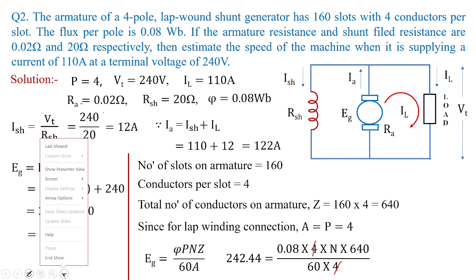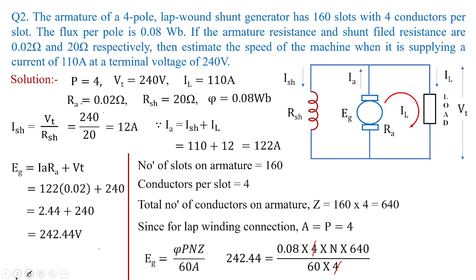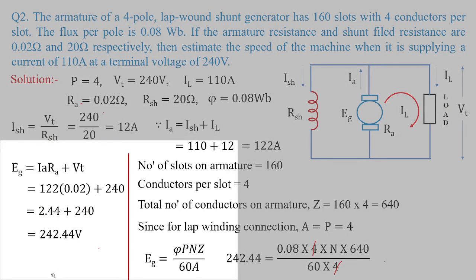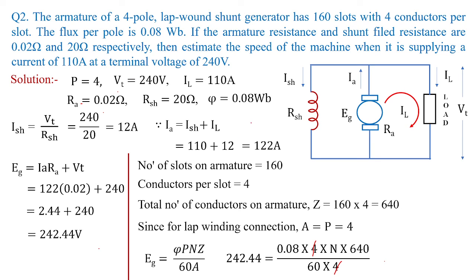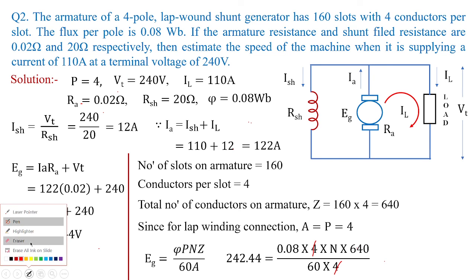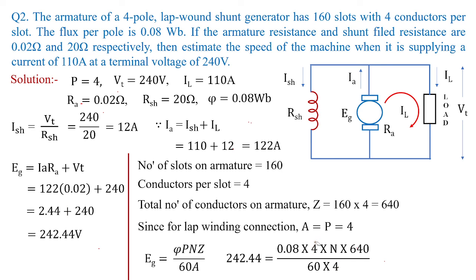This will give you the value of N, which would be equivalent to 284 RPM.